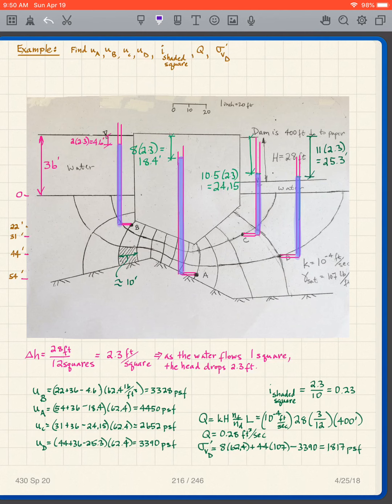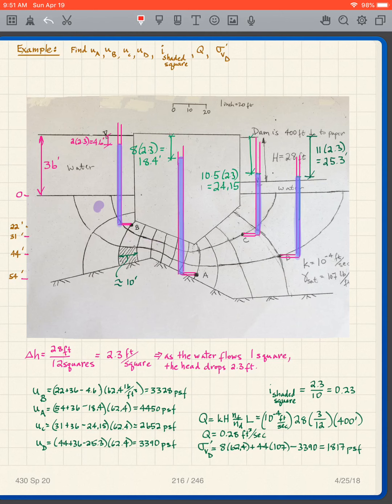How do we count the squares? 1, 2, 3, 4, 5, 6, 7, 8, 9, 10, 11, 12 squares.